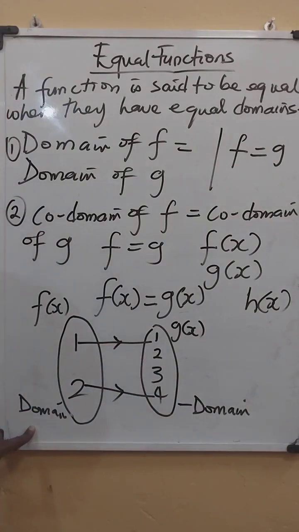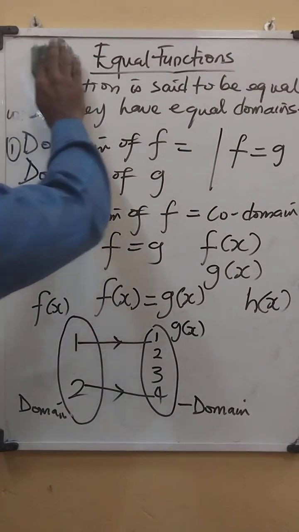So how did we get this? How is this mapping done? Now look at it very well. I'm taking this part out.